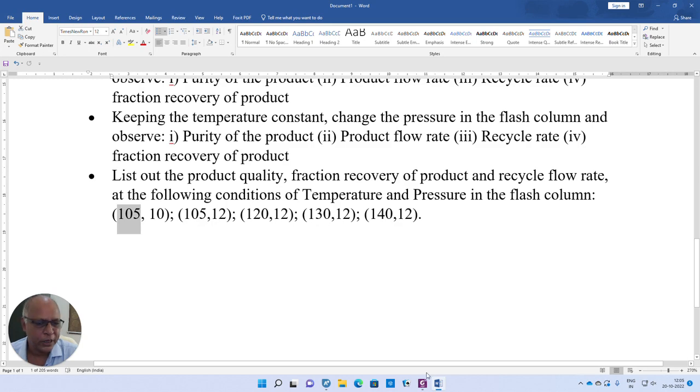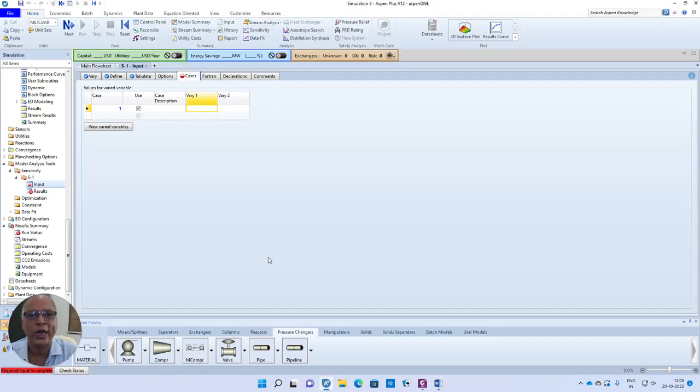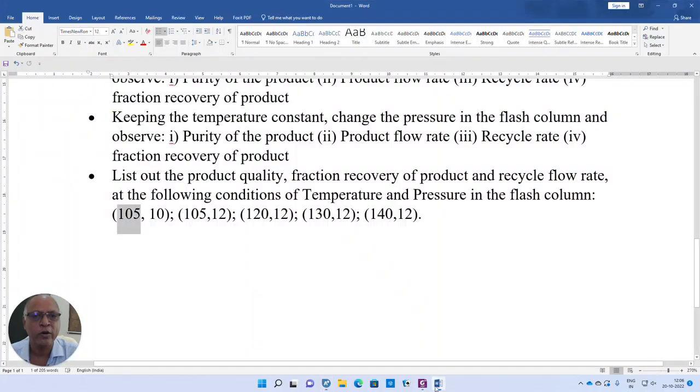Temperature is 105. So define those values explicitly: 10, 105. These are the values of pressure and temperature at which I would like to see all these variables. Now, what is the second case? Again, I think 105, 12. So define this.